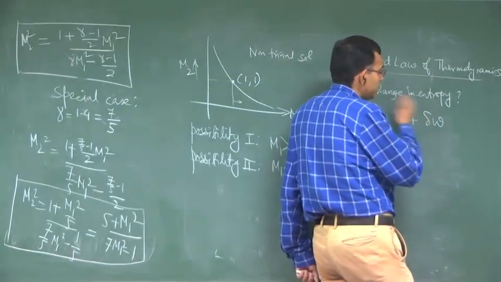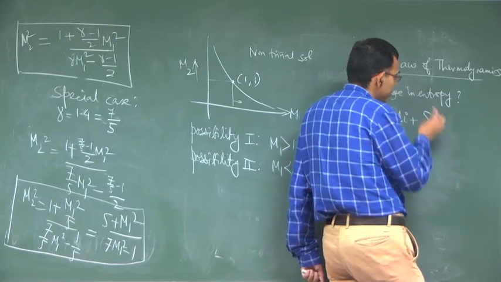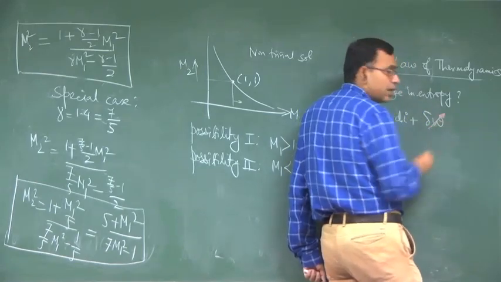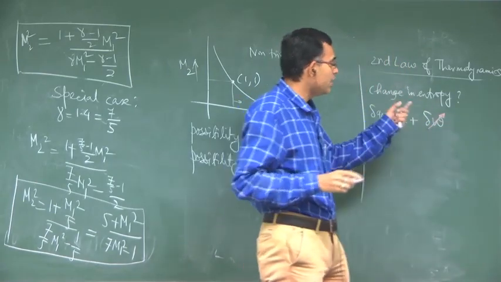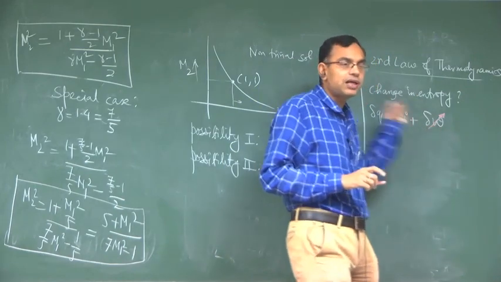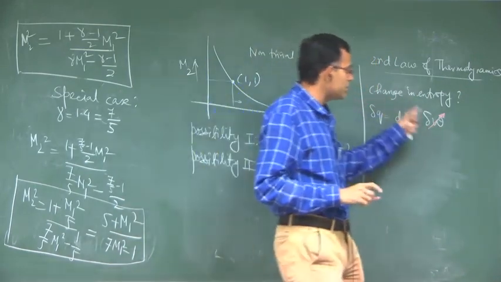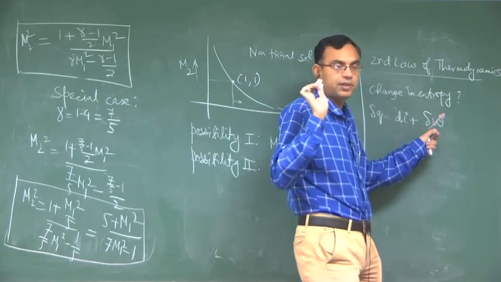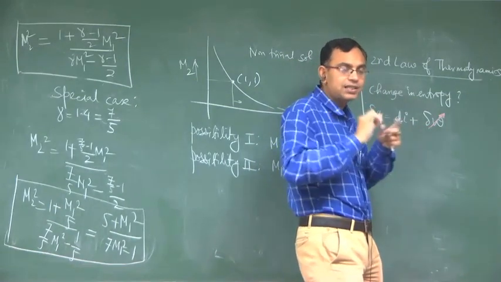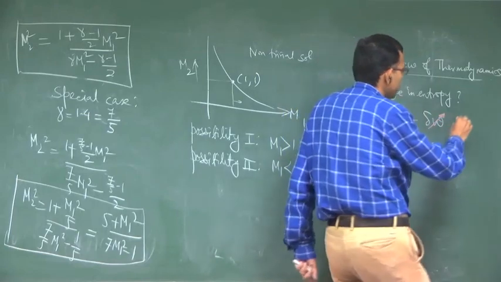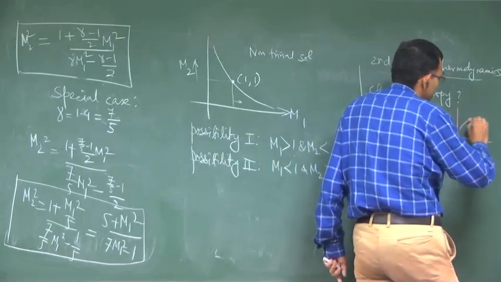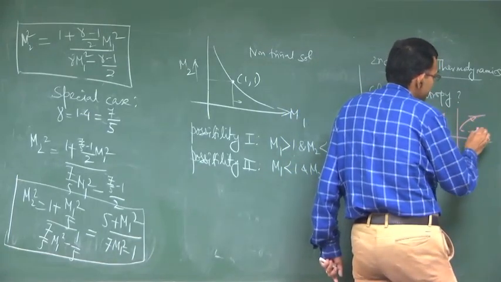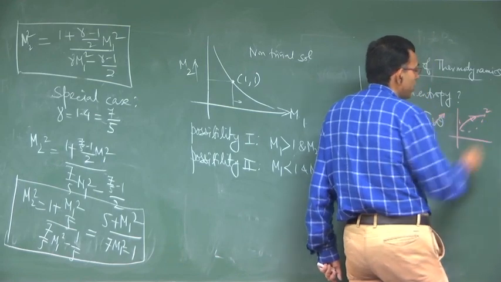Just to calculate the properties, it is a hypothetical process. Do not confuse the process that we are assuming here with the real process. This process is a hypothetical process that we are assuming to calculate the change in property. Once the change in property is calculated, consider a thermodynamic change of state from 1 to 2.